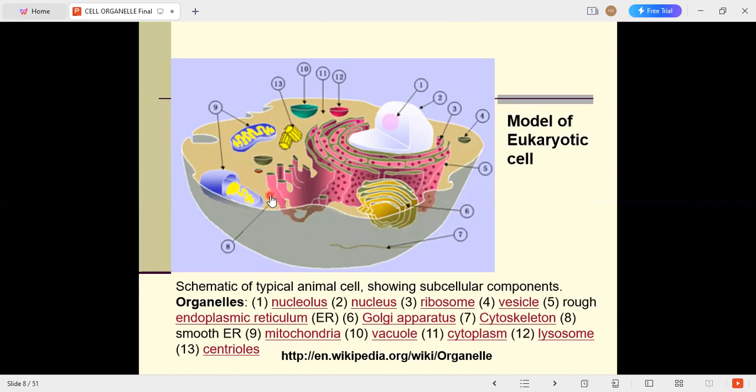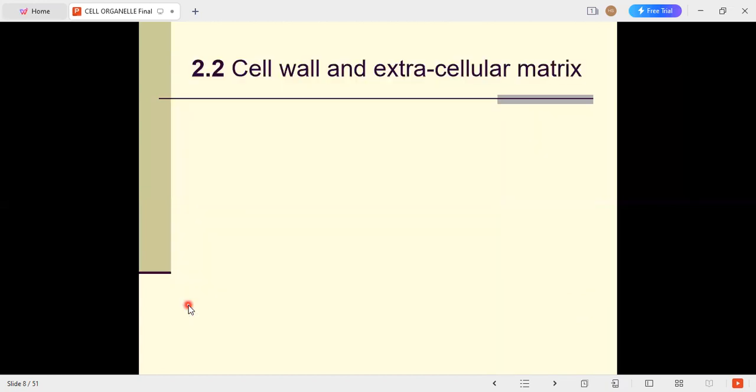Okay, other than this, there is a cytoskeletal structure or the cytoskeleton. Here you can see the structure of mitochondria, vacuoles, which are present over here. These spindle-shaped centrioles, and so many organelles within a eukaryotic cell. Some are membrane bound while the others are non-membrane bound.